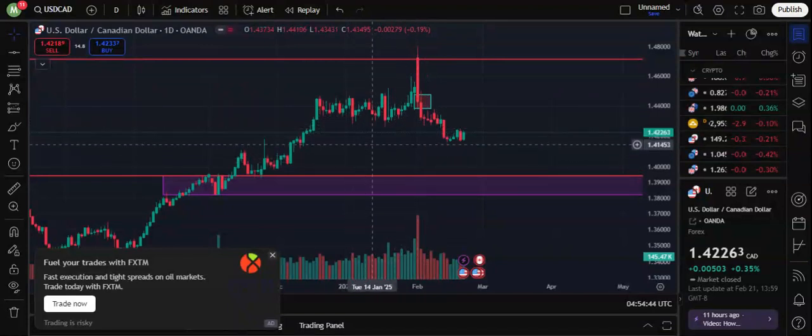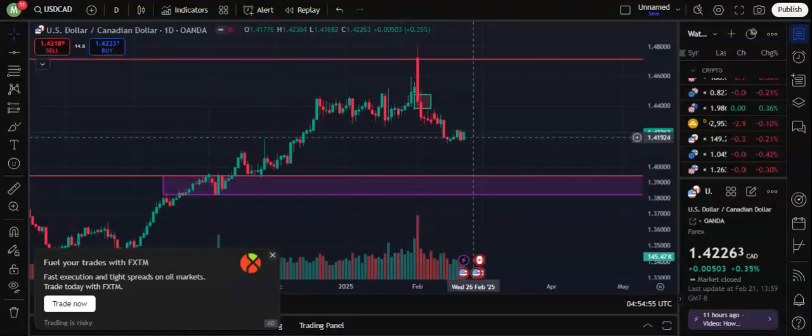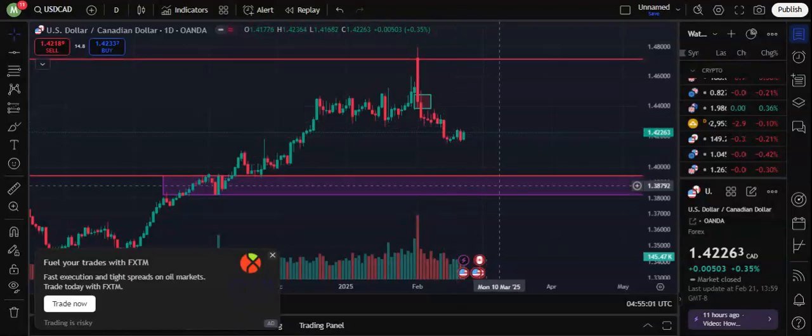So the market came down and broke this daily support. When the market breaks the daily support, what you want to do is wait for price to go back to the daily supply and then come down.